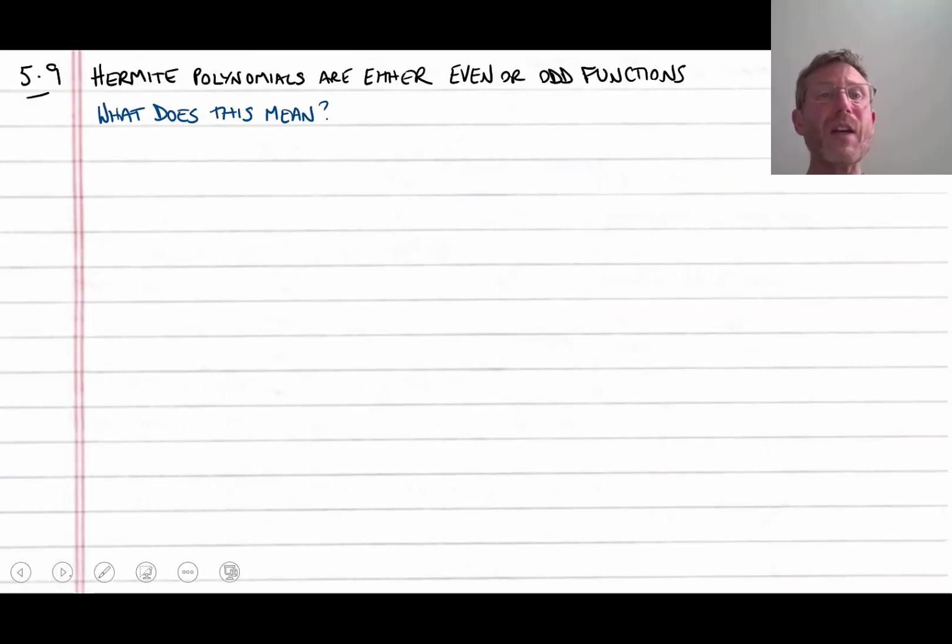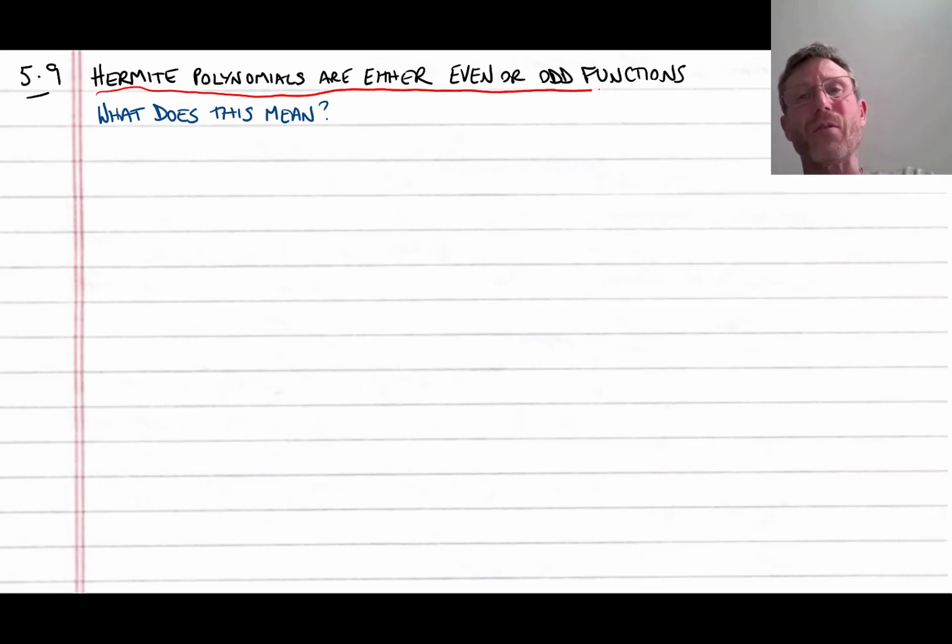What we're now going to do is move into section 5.9 of the textbook. This particular section is titled Hermite Polynomials are either even or odd functions. So the question first is what does this mean? Let me just define an even function for a second.